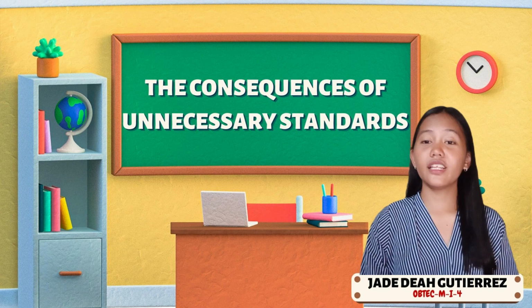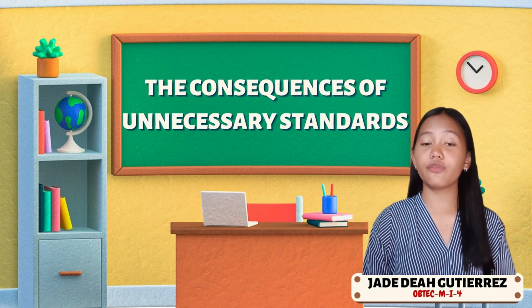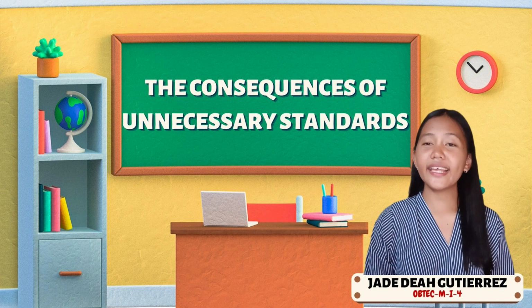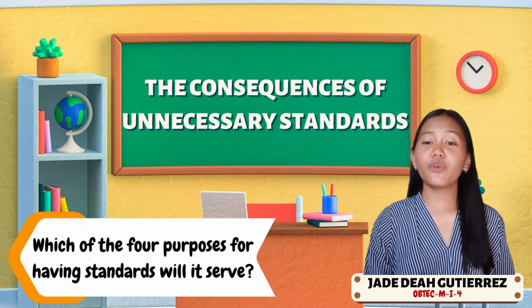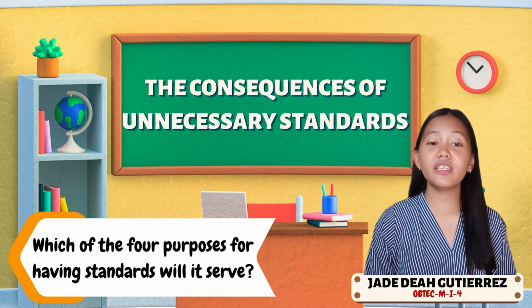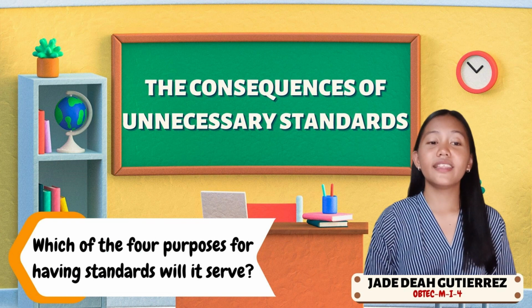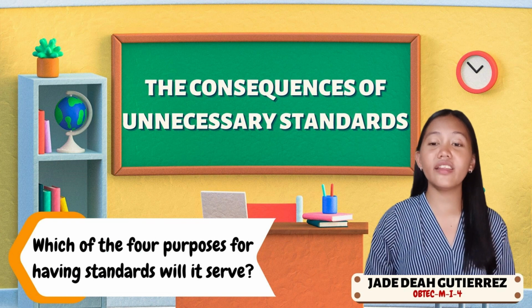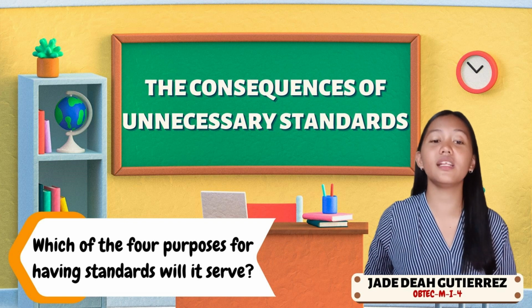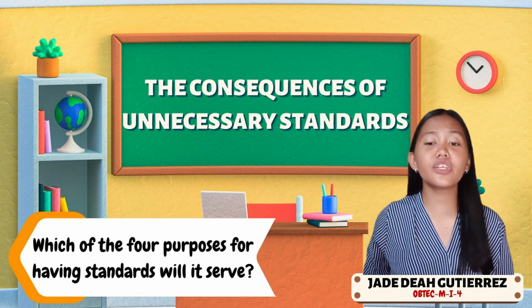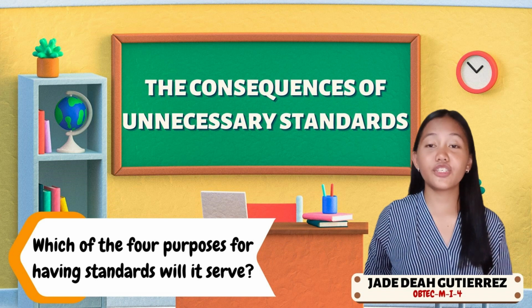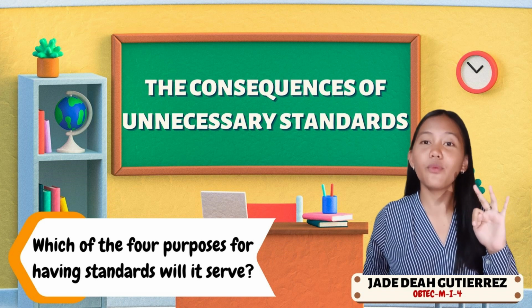When considering the inclusion of a particular standard of conduct for your classroom, ask yourself, which of the four purposes for having a standard will it serve? If the answer is none, then that standard is unnecessary and should not be included. The inclusion of unnecessary standards has three unpleasant consequences.